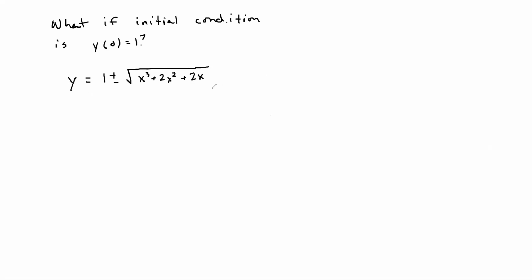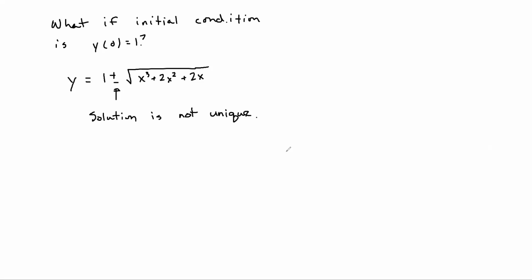Now take a look at that solution. Do you see any problem with that solution? Is that a good solution to a differential equation? Well, one issue with it is this plus or minus. The solution is not unique. There are two solutions. That's not good.